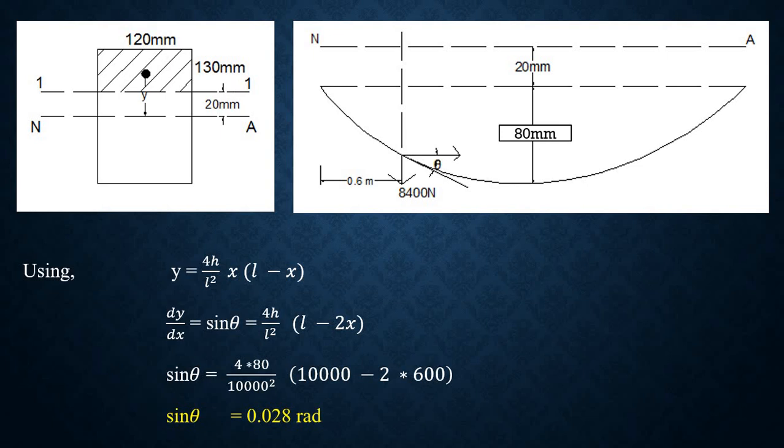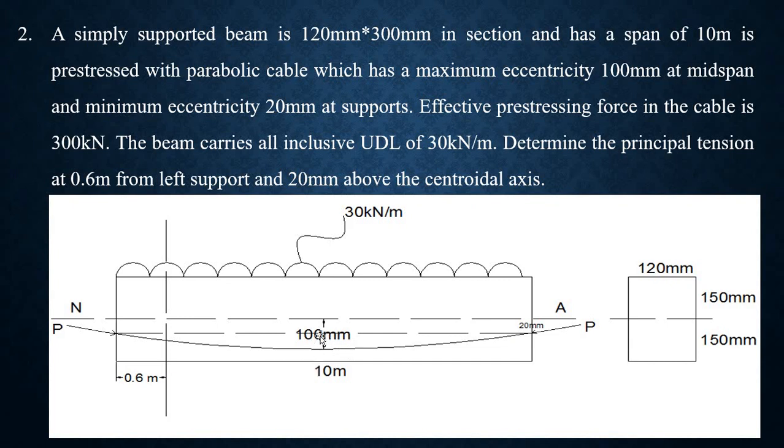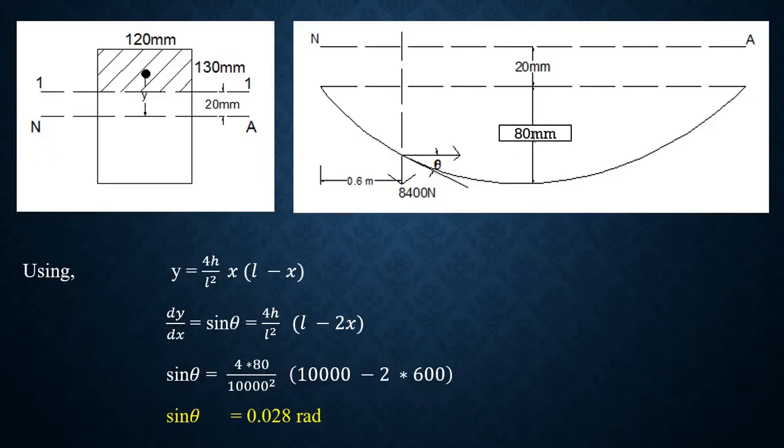Already they had said that 100 mm which is starting from the neutral axis up to the parabola. Here also at the support we had 20 mm. So 100 minus 20 we will get 80 mm. So above this line it is 20 mm, below this line it is 80 mm. And this is at 0.6 meter we need to take a section.